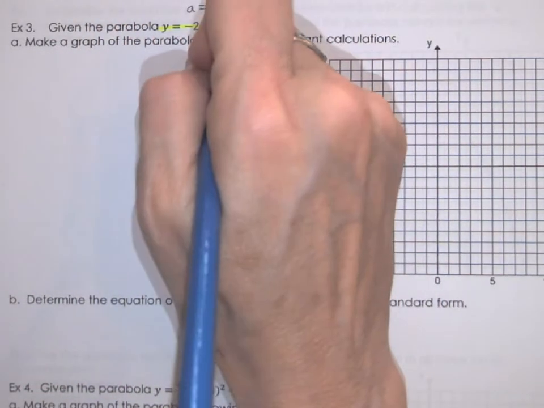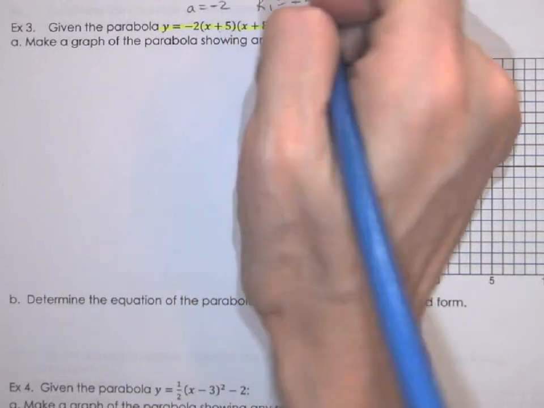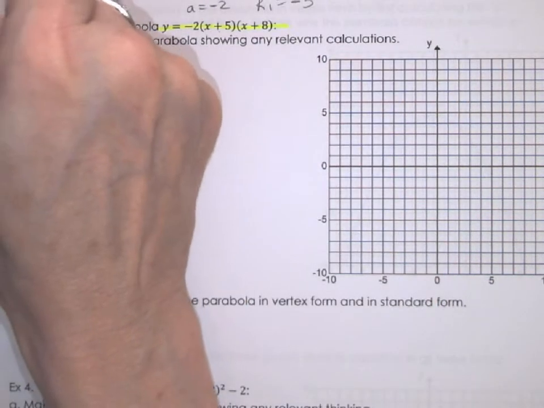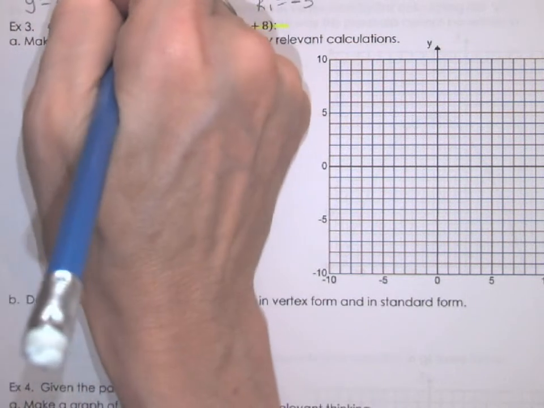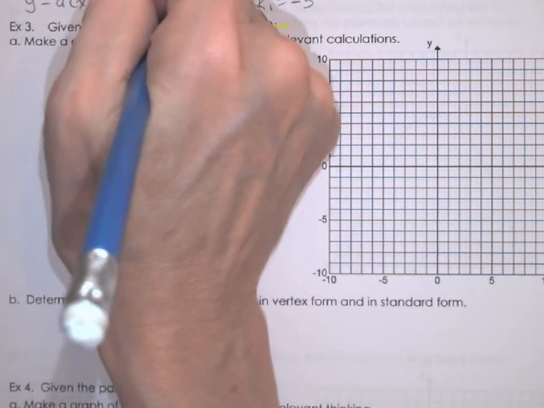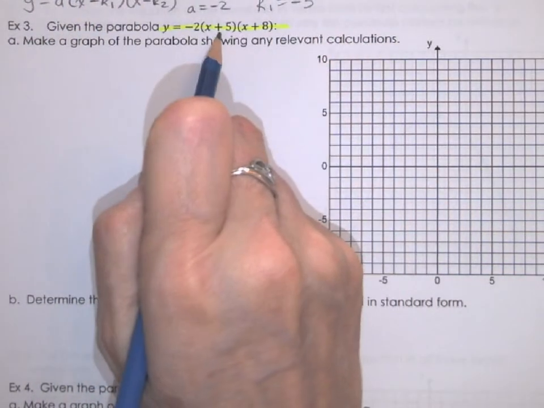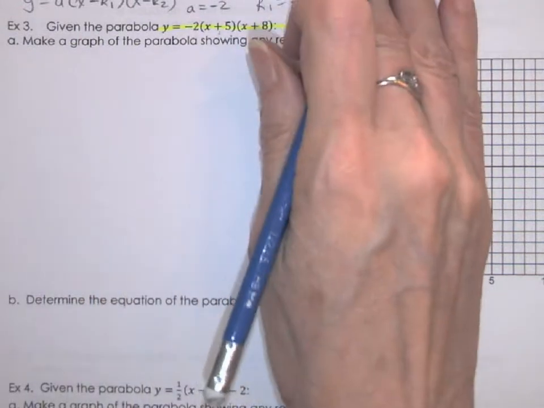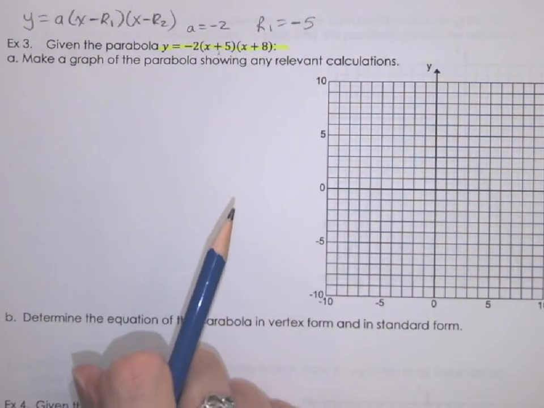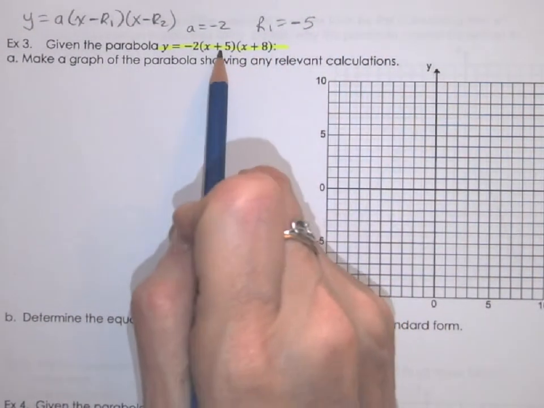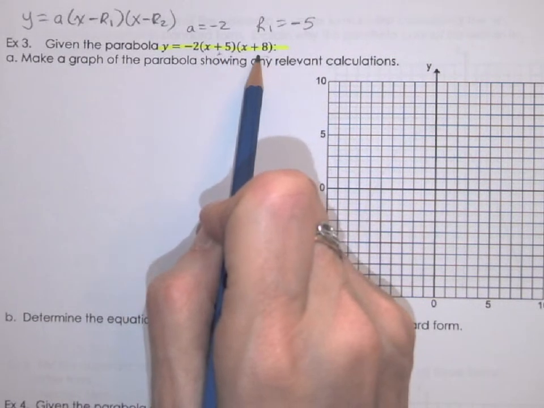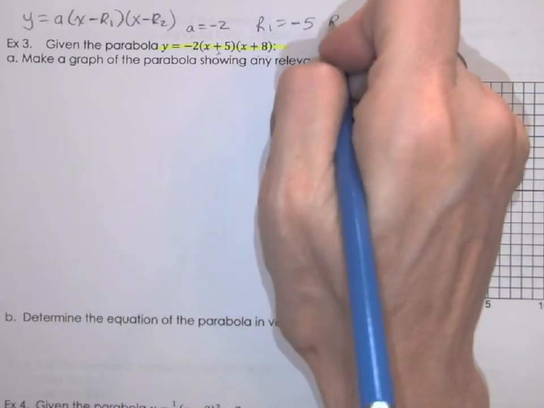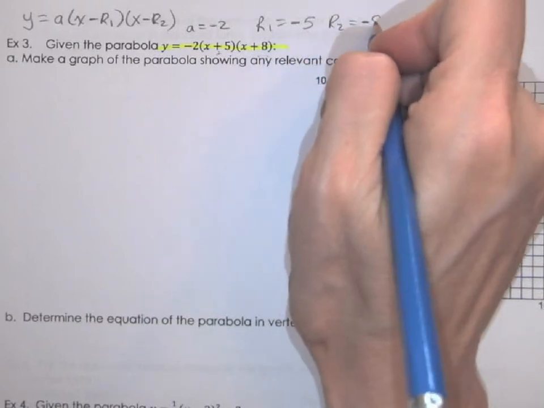R1 is -5, because remember the general formula for intercept form has a minus in the formula. So for you to see a plus inside the bracket means that it must have been subtract a negative. Okay, so R1 must be -5. And then same thing, we have a plus in this bracket as well, so R2 must be -8.